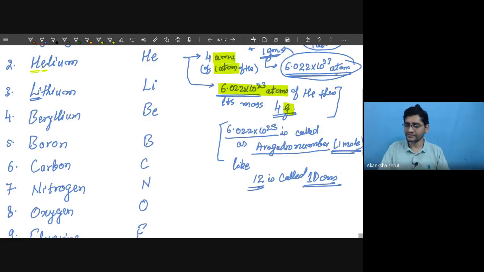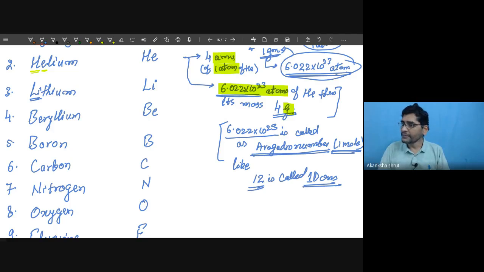Okay? So this much number, 6.022 into 10 to the power 23, is a magical number which converts AMU into gram. AMU means 1 atom, but if Avogadro number of atoms, or 6.022 into 10 to the power 23 atoms, are taken, then the mass becomes in gram.